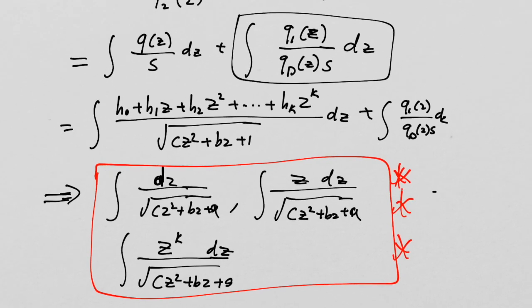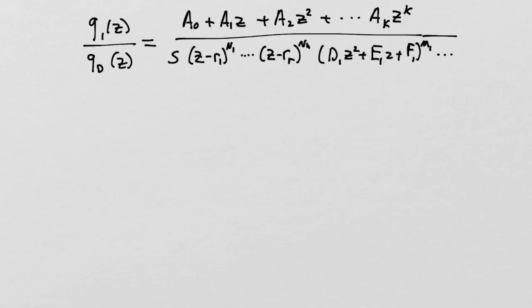Now that just attacks this term, right? Now we have to look at this term. This term is not that bad of a mess once you get what we're doing here. This numerator is a polynomial in Z, so we have these now constant coefficients.